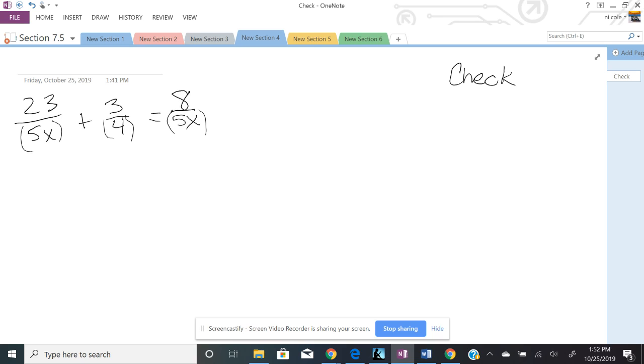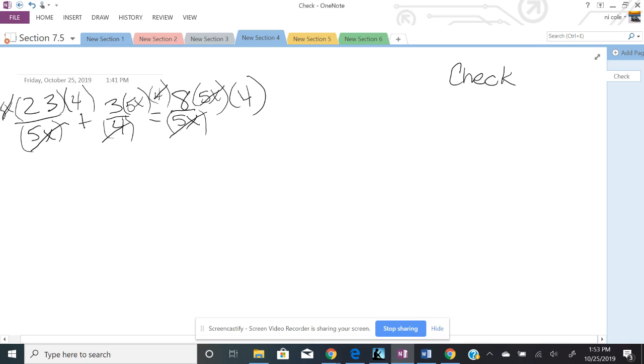So if you can see the lowest common denominator, you look at it. Here, how do I get rid of 5x down there on the bottom? Well, I multiply everything by 5x. Multiply by 5x, and I multiply by 5x. What else do I have? I have a 4, so I'm going to multiply by 4, and by 4. 5x cancels there, the 4 cancels here, and the 5x cancels there.